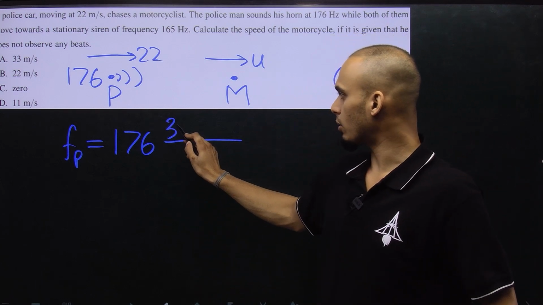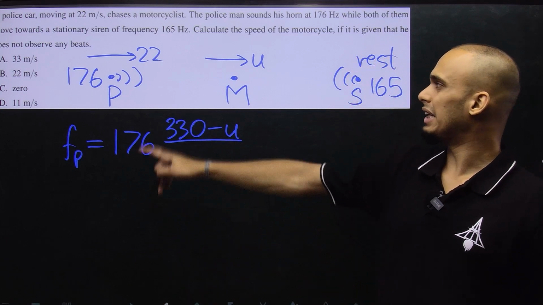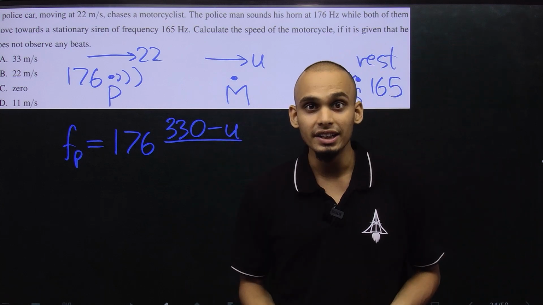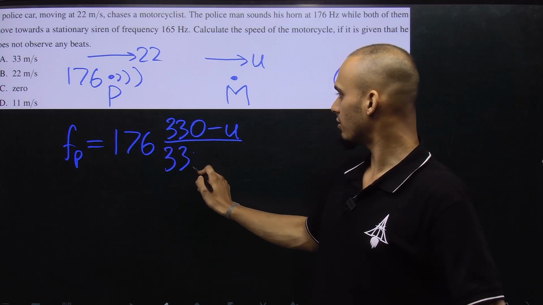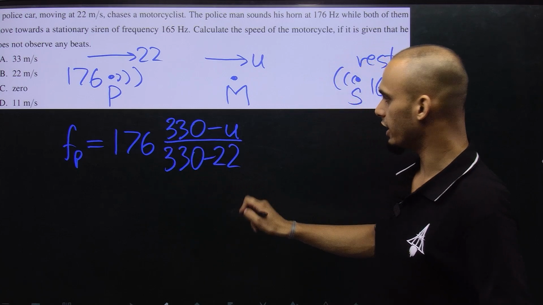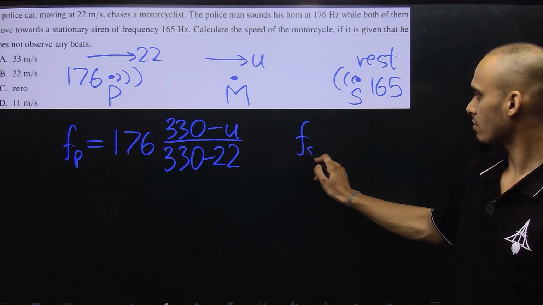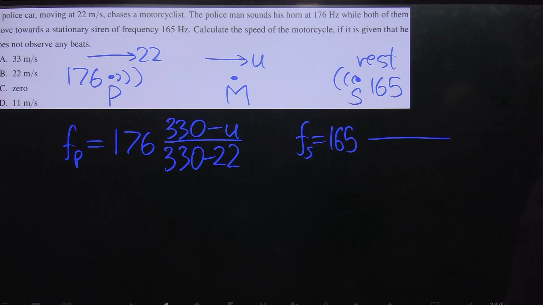So, speed of sound 330 in air minus u in the numerator. The police car is moving towards the detector, so it will try to increase the frequency, and its speed, 330 minus 22, goes in the denominator.